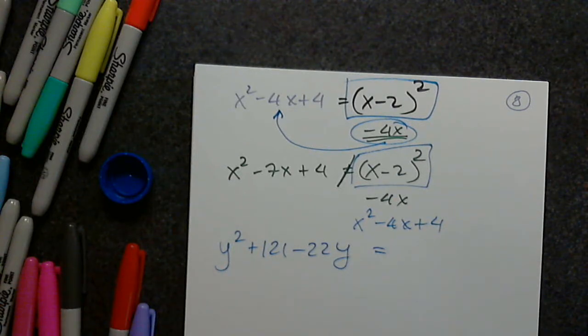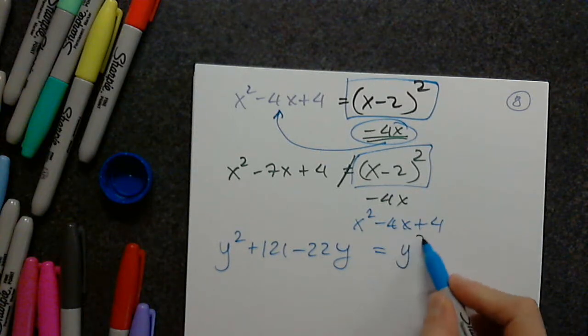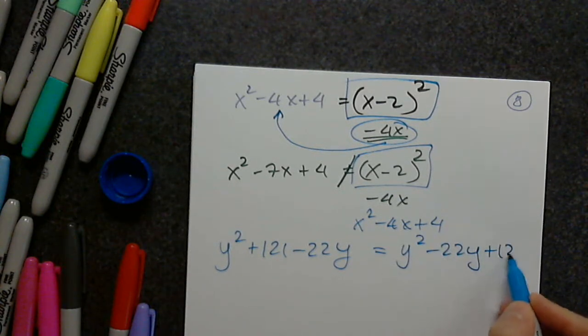Okay, one last one for today. What is it? I cannot skip any of the steps. Please don't. So, is this a trinomial? Yes. Good. Is it in descending order? No. Very good. Awesome. Y squared minus 22y plus 121.